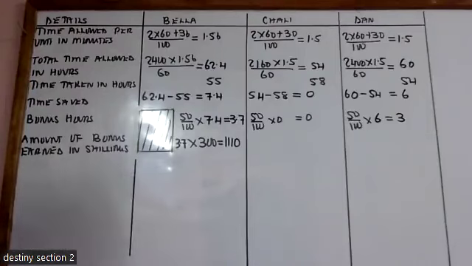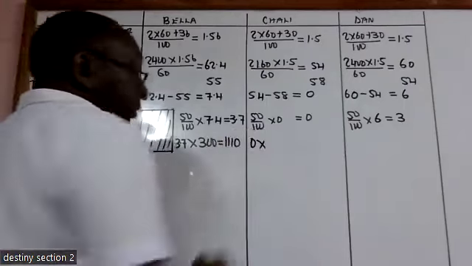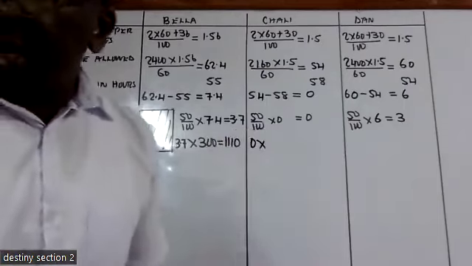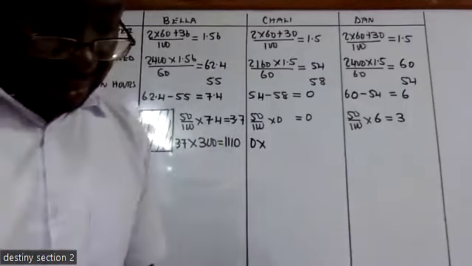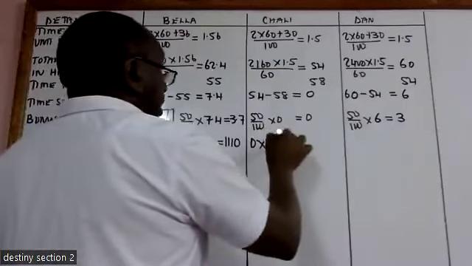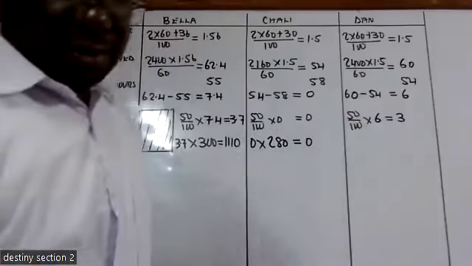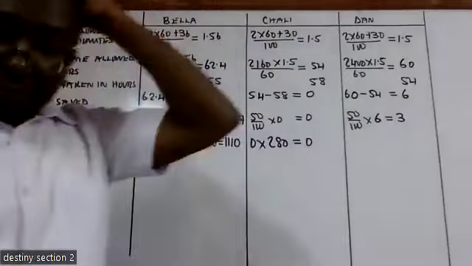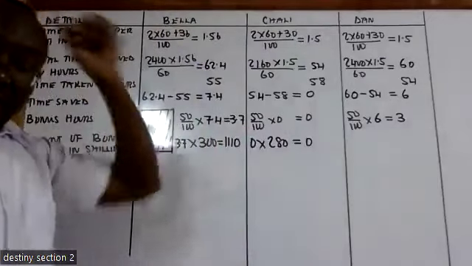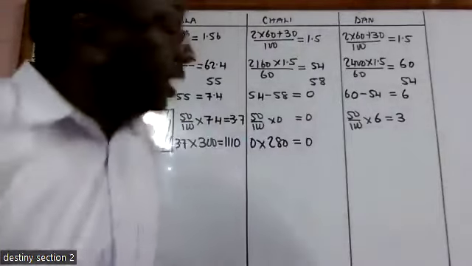So, tukikuja kwa Charlie now, the amount of bonus will be 0 times his basic rate. His basic rate is 280. So that gives us 0. Then tukienda kwa Dan, analipwa 320.